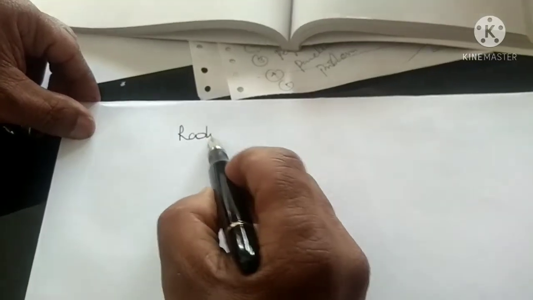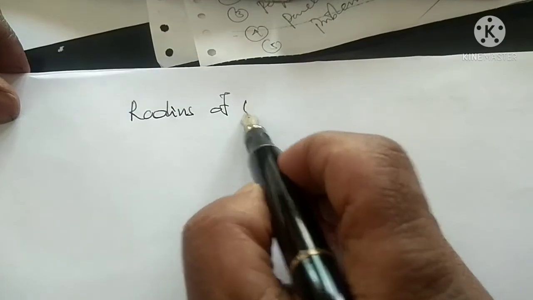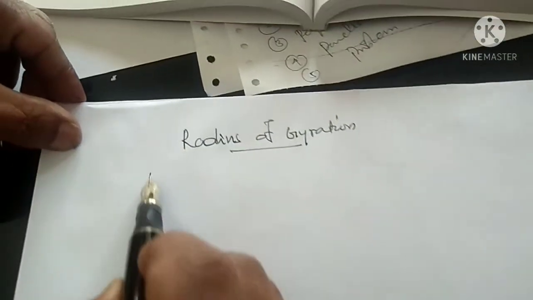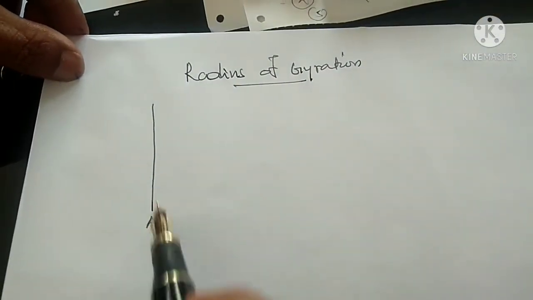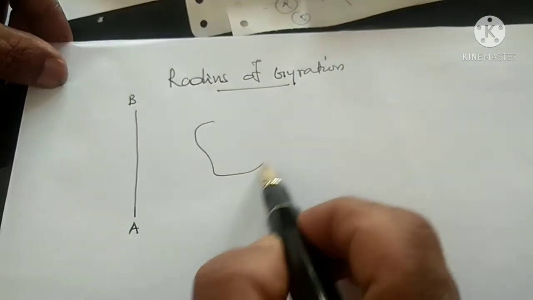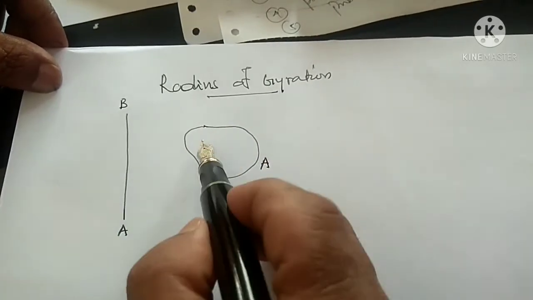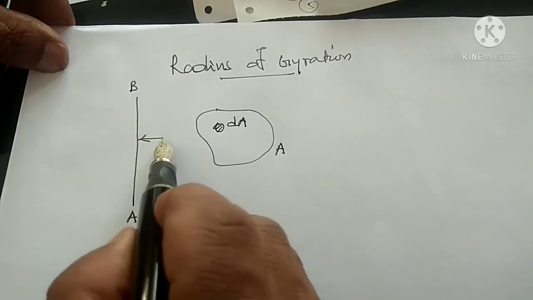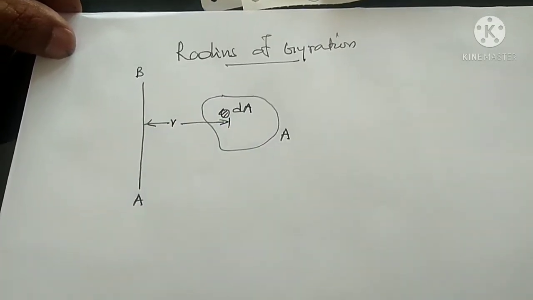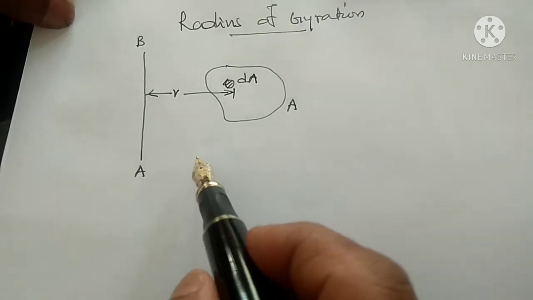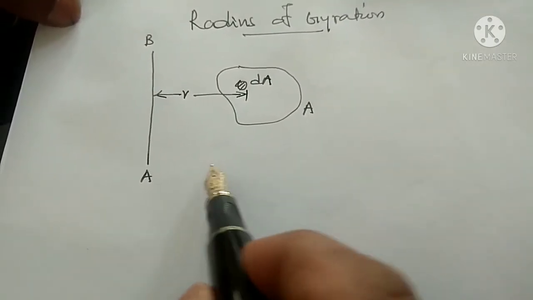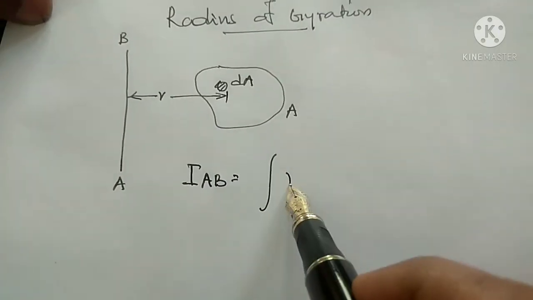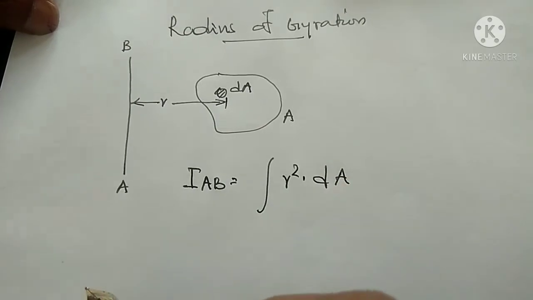Radius of gyration. Suppose we are having a reference axis AB and an area A, and we are considering a small area dA at a distance r from the reference axis. Then as we have already studied, IAB is equal to integral r square into dA.